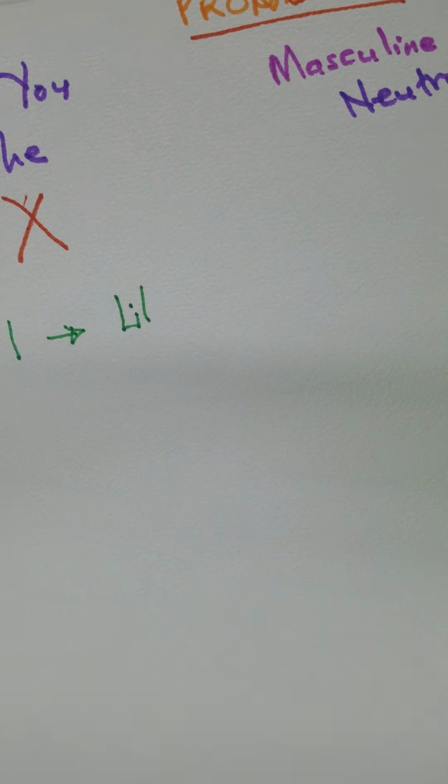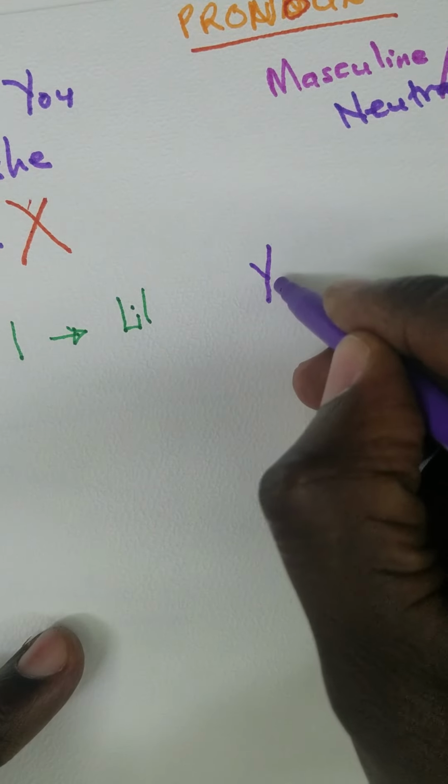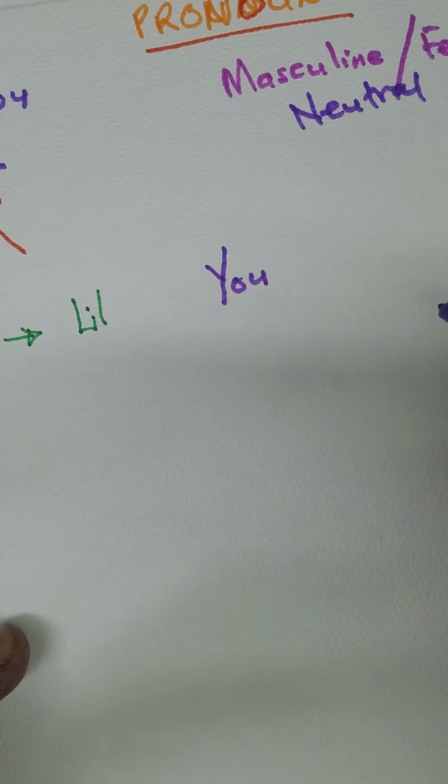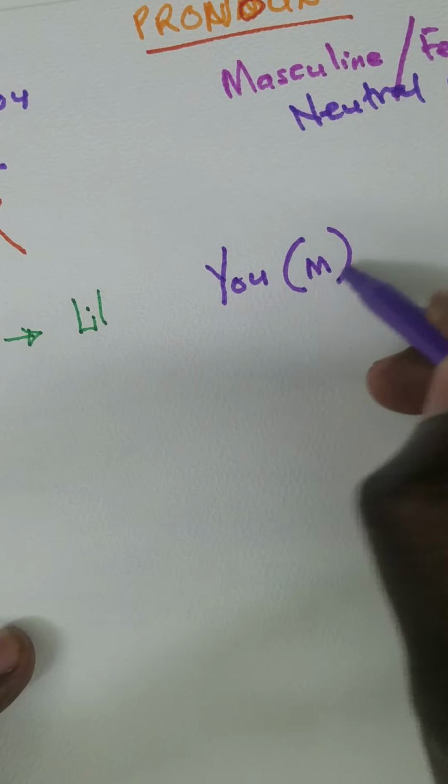and you is classified into two. There is you when you are referring to a male person. You when you are talking to a male person, it will be anta.